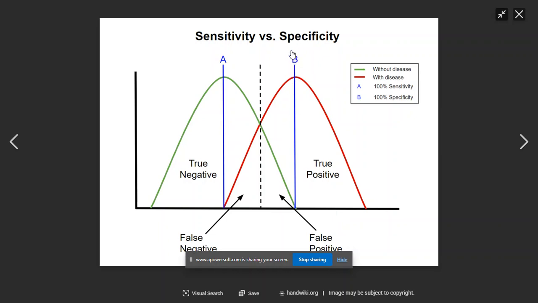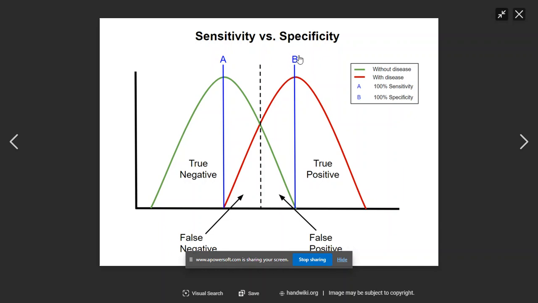Now about specificity, look at this test. What it says is that all the negative, the non-diseased patients, will be classified as non-diseased. The downside is that also patients with the disease will be classified as without the disease.